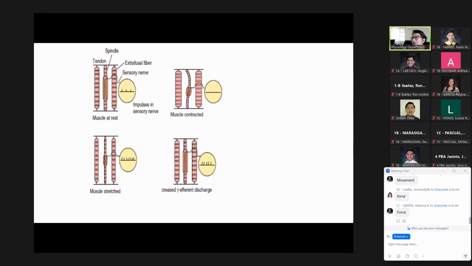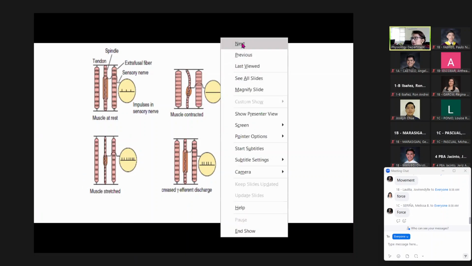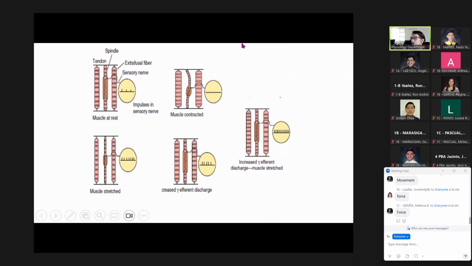Kita nyo? So that when there is contraction of your extrafusal muscle fibers because of the innervation of your alpha motor neurons, there will now be contraction also of your muscle spindles because of the discharge of impulses from your gamma efferents. That's why we call this the alpha gamma co-activation.